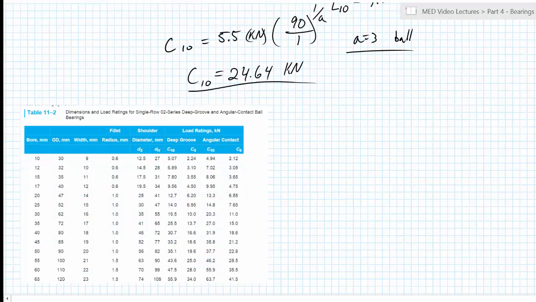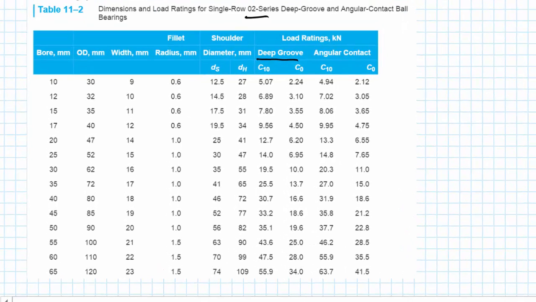So based on table 11.2, we can look for a rated load for our particular operation. So we are looking for deep groove ball bearings because we don't need the thrust load capabilities of angular contact bearings. Instead, we just need to look at the single row deep groove ball bearings, which is this 02 series, and find a load that will work for us. So 24.64. Going down the list, we find 25.5, which gives a bore diameter of 35.